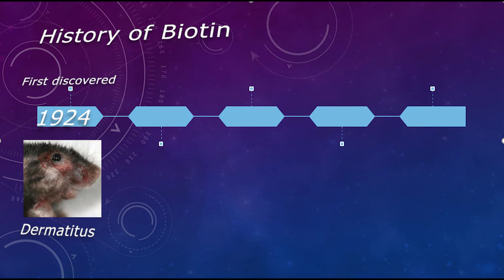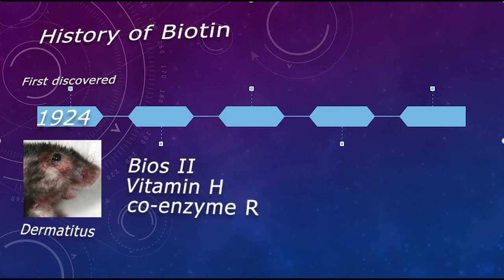They described these heat stable factors as BIOS2, vitamin H, and coenzyme R. They observed that all three of these factors were necessary for the growth of microorganisms. It wouldn't be until later within that year of 1924 that all three were found out to be the same water-soluble vitamin, biotin.